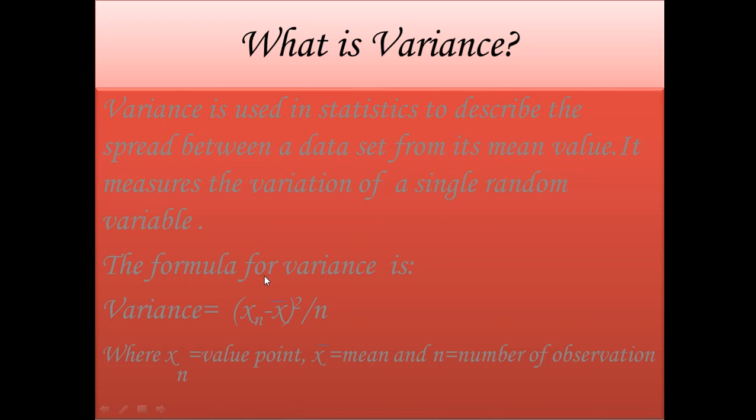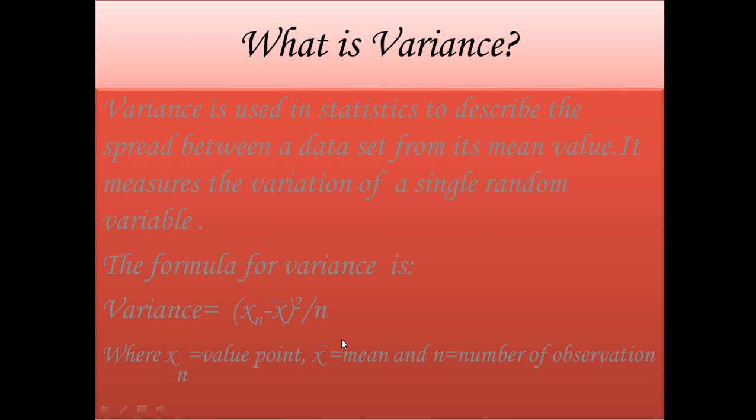There is a formula to calculate the variance: variance equals the sum of (xn minus x bar) to the power 2, divided by n, where xn is the value point, x bar means the mean value, and n is the number of observations.